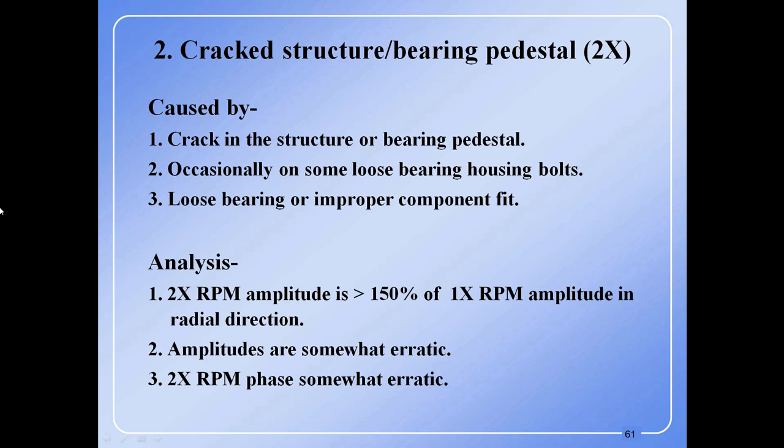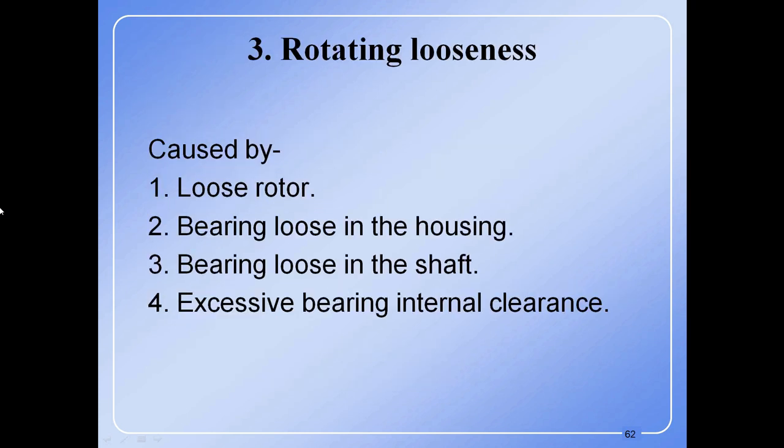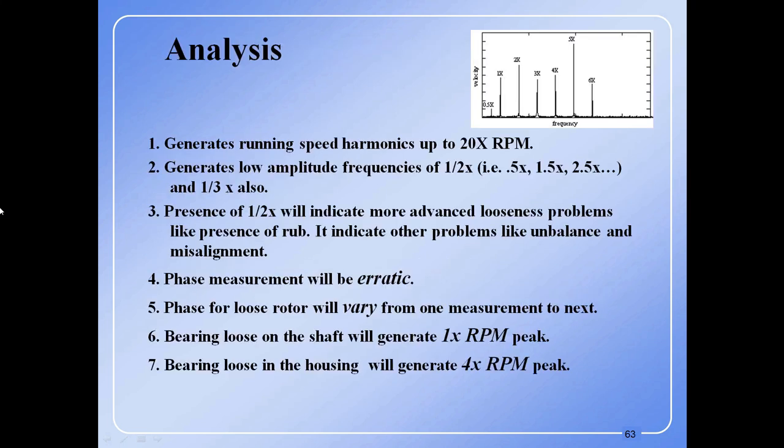Rotating looseness is caused by a loose rotor, bearing loose in the housing, bearing loose on the shaft, or excessive bearing internal clearances. Analysis: running speed harmonics are generated up to 20x RPM.